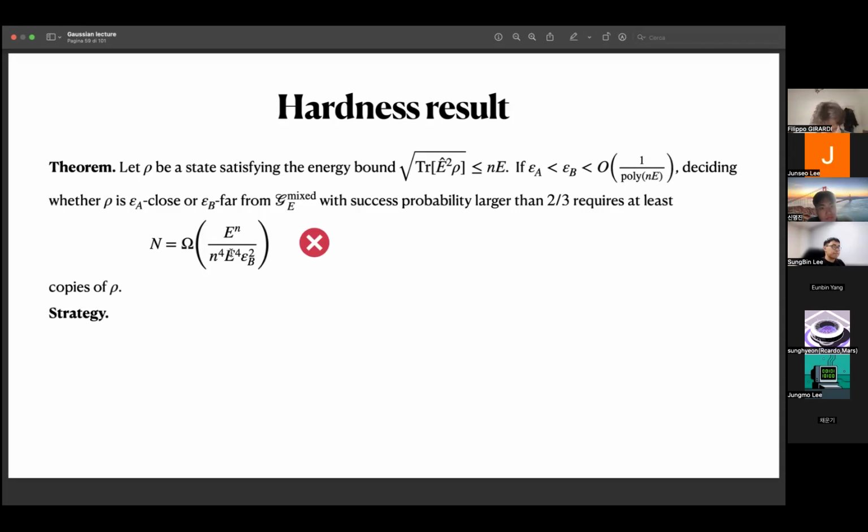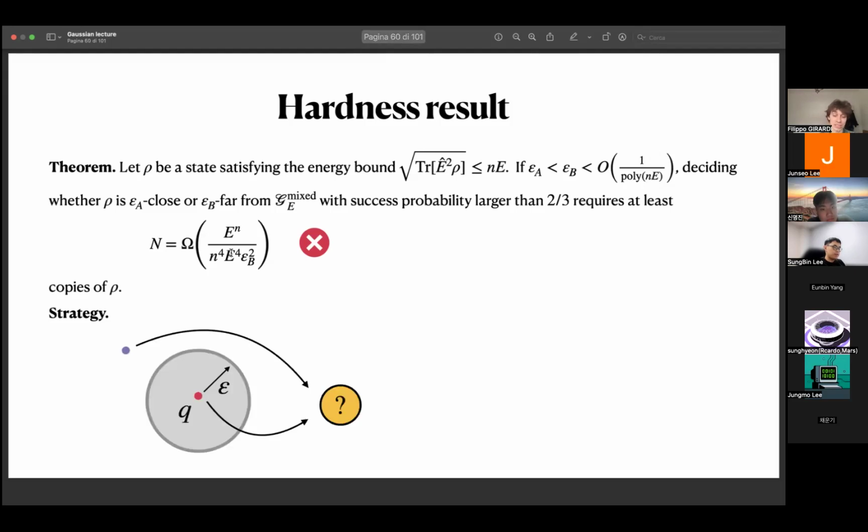So if you have a quantum memory, if you don't restrict to single copy measurements, then you will need in any case an exponential number of samples. So this problem is fundamentally hard to solve.